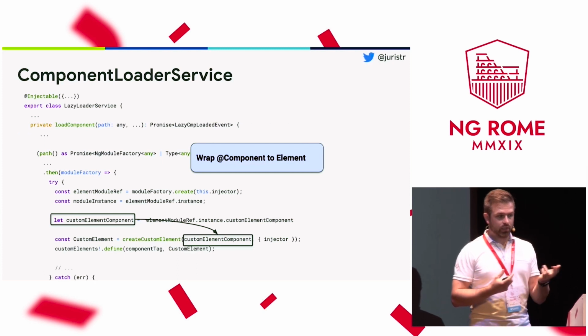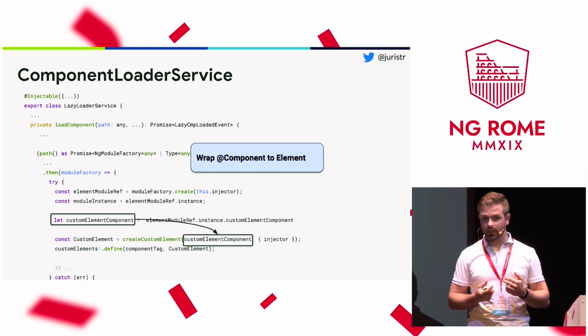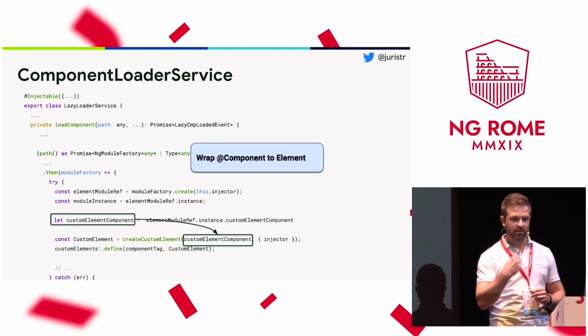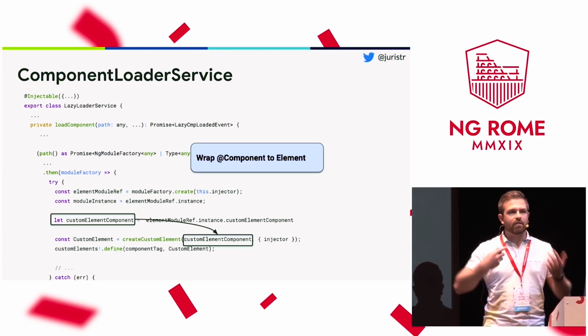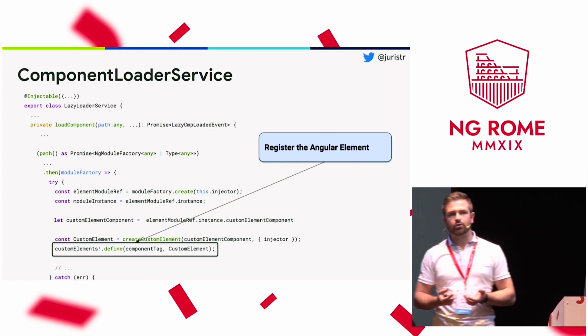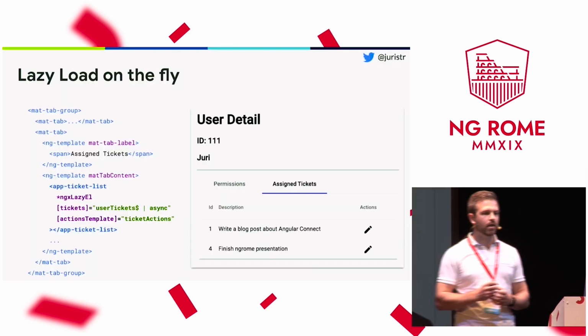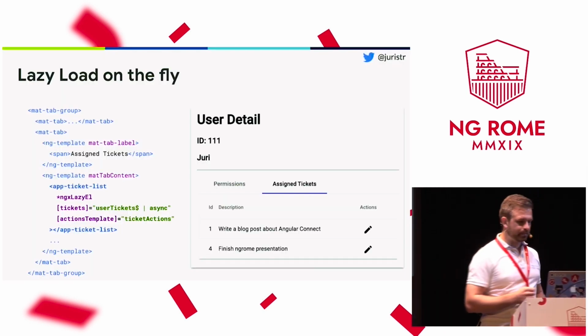How? Well, I just import the create custom element function here. I pass in the component which I just extracted, the type. I have now my custom element, and I register it with the browser. And so that's it. With that, it theoretically works, because the browser now knows what my element is.